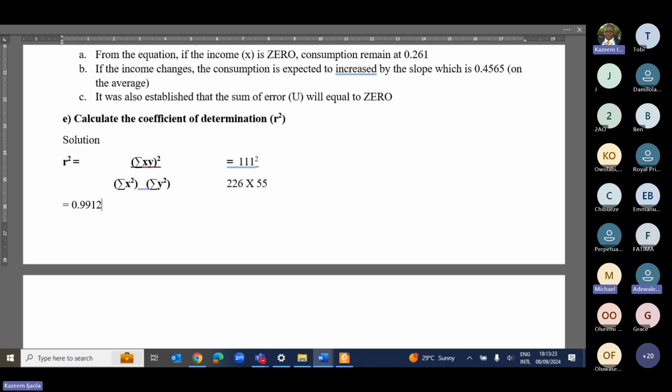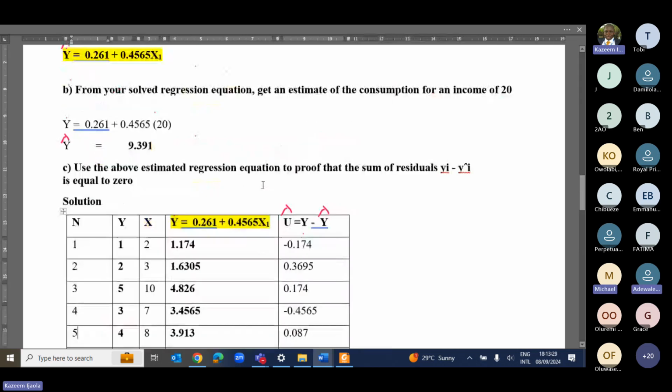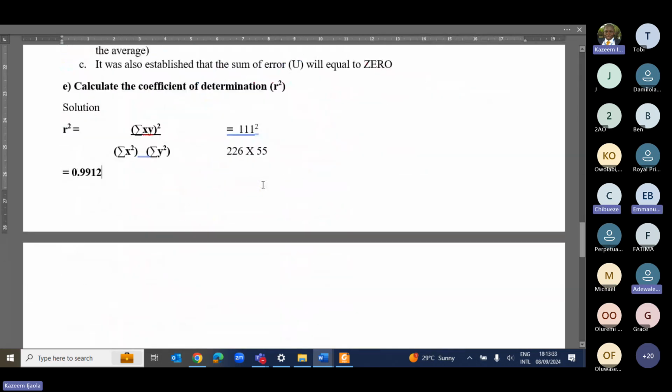I hope I'm correct. This is my r square. Is that clear to everybody? Hello, is that clear to everybody? So that's the end of the solution.